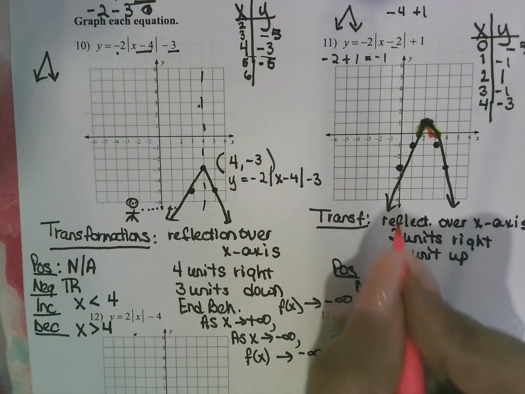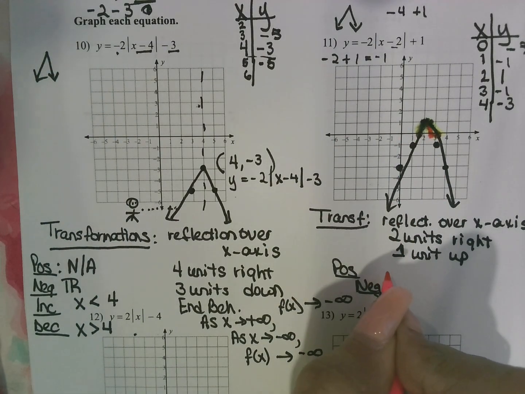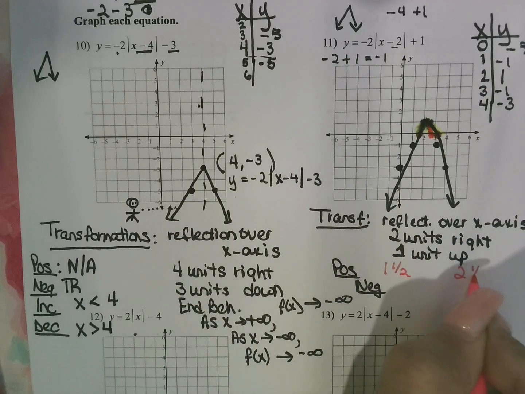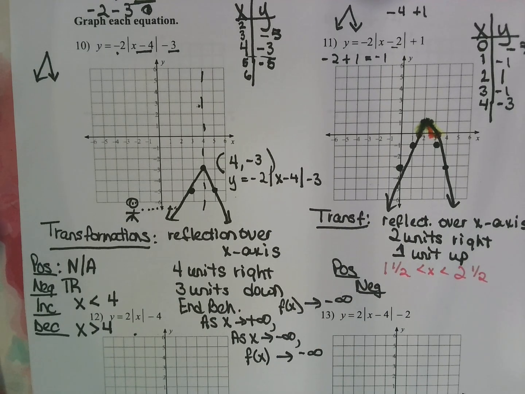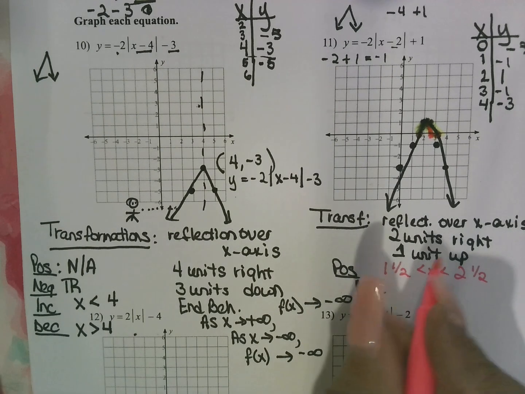So where is this positive? It is positive between 1.5 and 2.5. Not including 1.5 and not including 2.5, because at those 2 points, it's crossing the x-axis, so its value is actually 0. All right? Where is it negative?